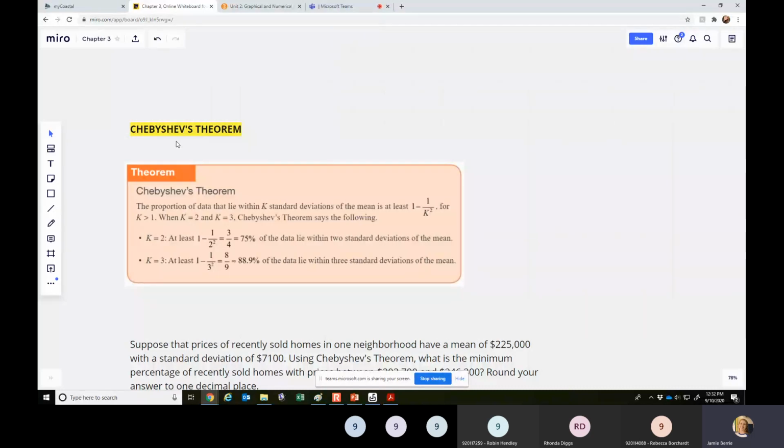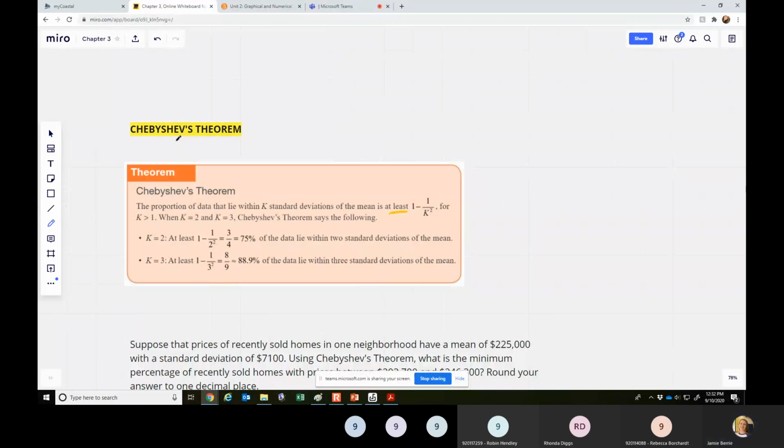Chebyshev's theorem says the proportion of data that lie within k standard deviations of the mean, where k could be 1 standard deviation, 2 standard deviations, or 3 standard deviations of the mean, is at least, and it's very important that you include those words in your answer, at least 1 minus 1 over k squared, for k greater than 1.